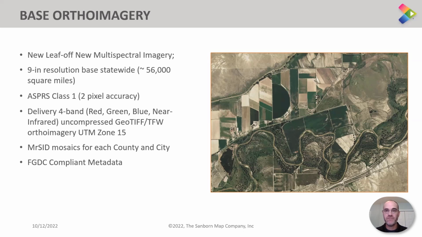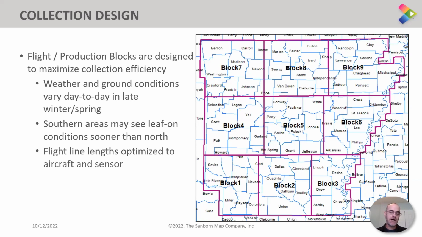That's a compressed format file, again reducing that file size down, given how large these GeoTIFF files can be, and allowing for a reduced file size and easier storage and display of that data. And then FGDC compliant metadata to go with the data.